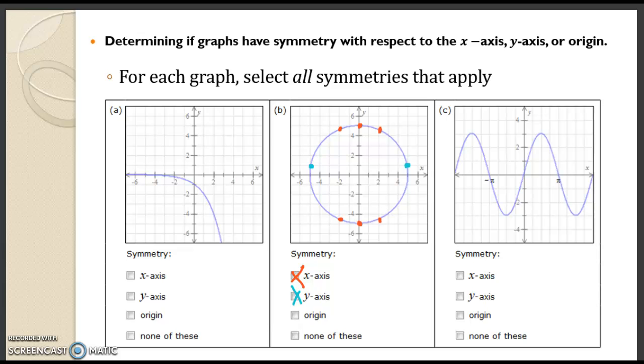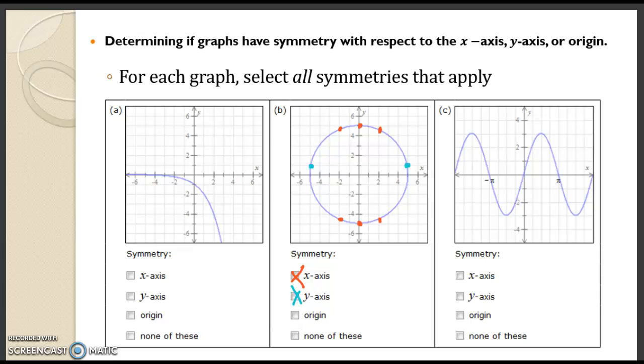If I took this graph and I rotated it 180 degrees, which seems kind of silly, but you can imagine yourself with a ball or a circular object, and I rotate it 180 degrees, right? It's still going to land right on itself.